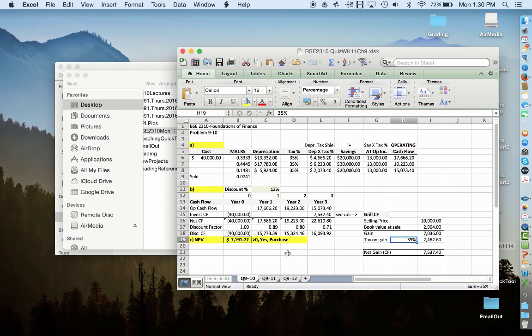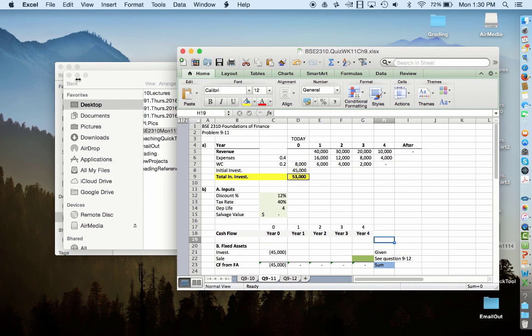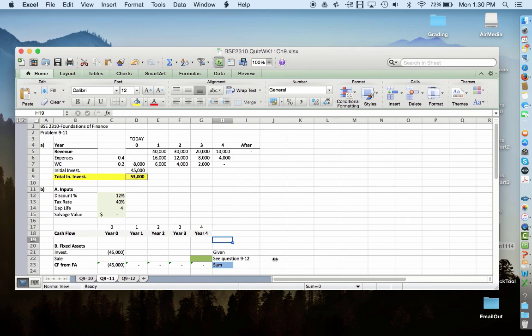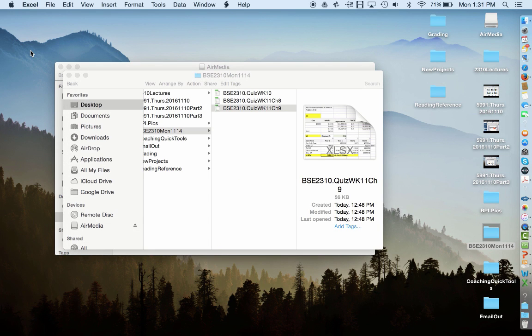I want to do this problem from chapter 9. So let's look at 9-11. And actually, before I do that, let me highlight a couple things. So those of you that have your book, on page 283 of your book, there's an example. It's called Blooper Industry. Then on page 288 is the solution.